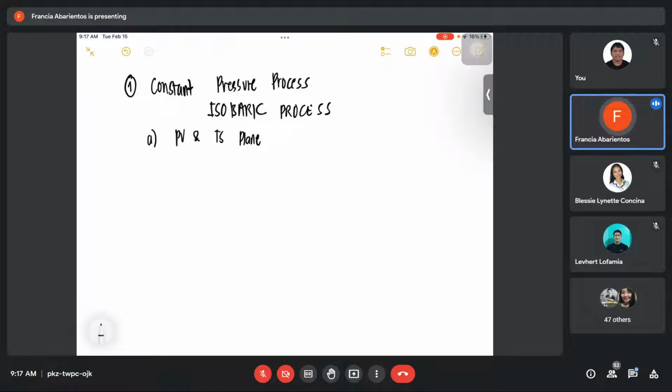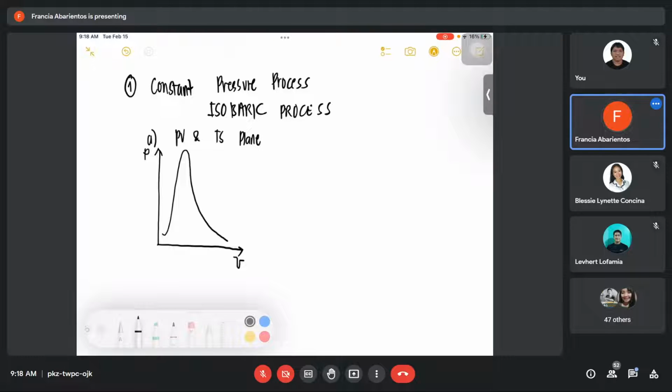So, we have the PV. Okay. This is the pressure versus specific volume. So, ganito yung class ha. Pag sinabi nating constant pressure, okay, pag sinabing constant pressure from the word itself, pressure, ibig sabihin class, yung P natin is straight line. Ayan. Okay. So, constant pressure to class, your P is equal to C, constant.